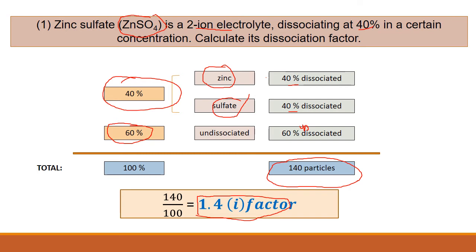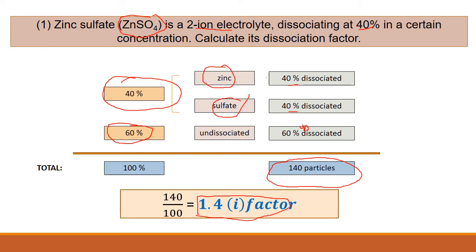So it can be separated to zinc and the sulfate. Okay, so zinc and sulfate, and the dissociating percentage is 40%. So you have to distribute the 40%, so still 40% and then 40%. Okay, because it is the same compound.